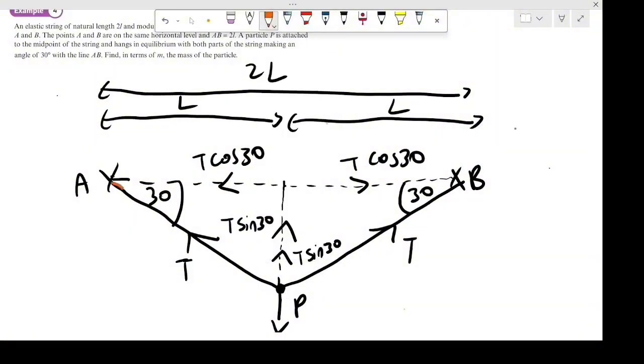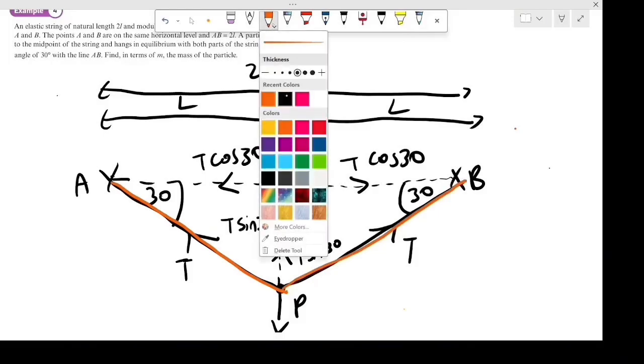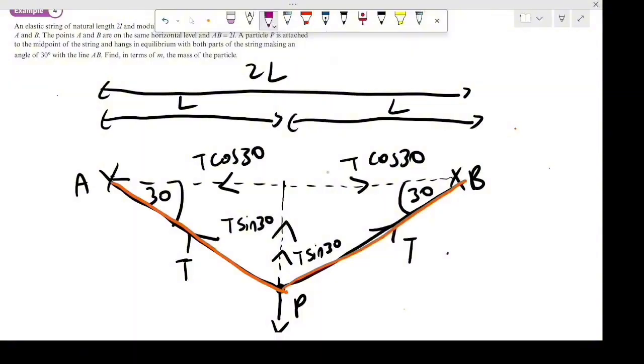I've got half the string from A to P, and then the string from P to B, and these two make up the whole string. So what I can do, like with the last example, is just consider one part. Let's consider just the part from A to P.